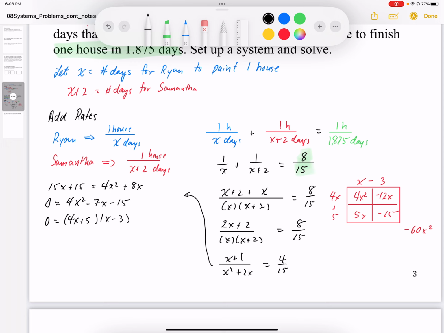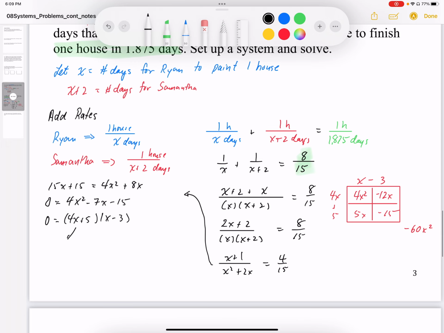Now I can get solutions from here. The x that makes that equal to 0 is going to be x equals negative 5 over 4. Well, since x is days, we can say that doesn't work, so we're just not going to consider that solution. But this solution is perfectly fine. X is equal to 3 days.